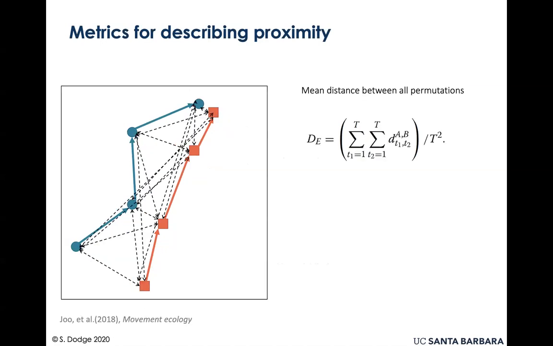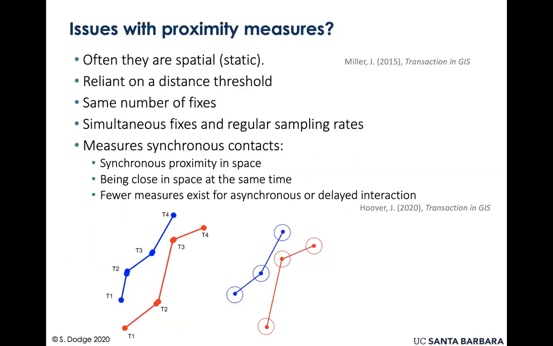Other researchers suggested that you could look at not only point-to-point distances, but also the distance from one entity to every other point within a time window, and calculate the mean distance this way. So there are several measures in this area.